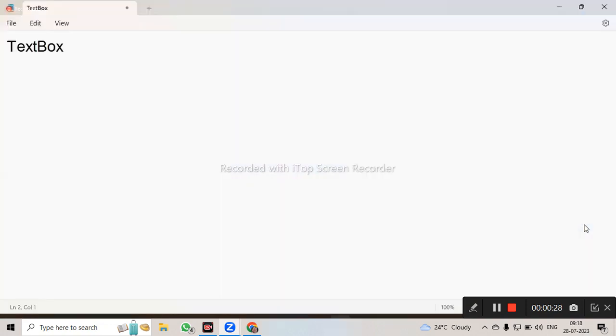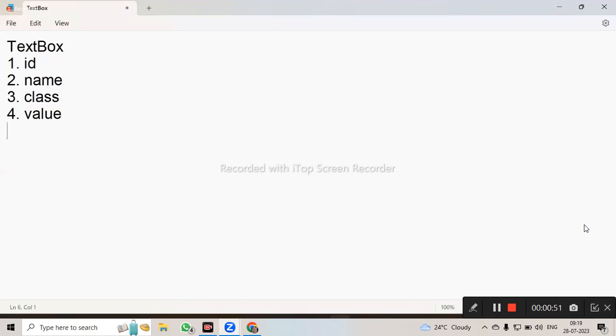Yesterday we learned a text box will have an ID, name and a class. In this, name is mandatory. Without name, the form cannot submit the value. So name is mandatory.